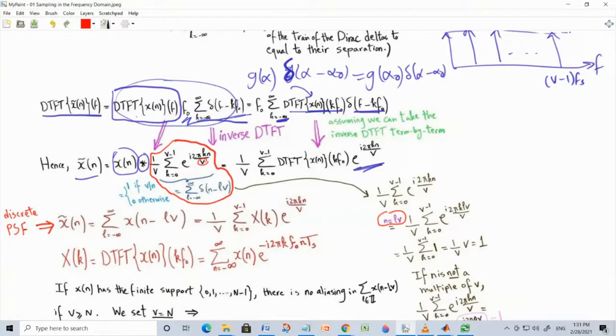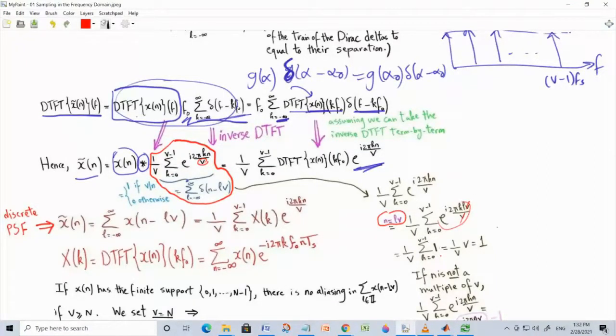Now, if n is a multiple of v, then replace n by lv, where l is an integer, v goes with v, and you have e to the I 2 pi multiplied by an integer, and this is always equal to 1. And so your summand becomes 1. You sum 1 v times from k equals 0 to v minus 1, so you get v.